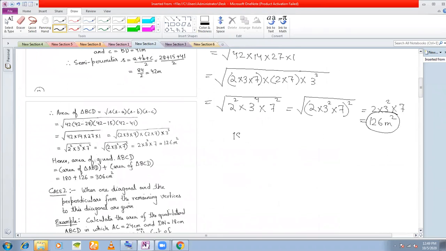The total area is 180 plus 126, which is 206 meters square. Okay, or 306. 306. Right. So that is the area of the quadrilateral.